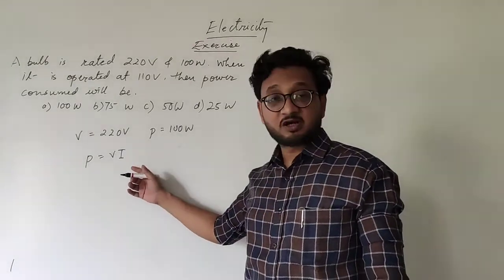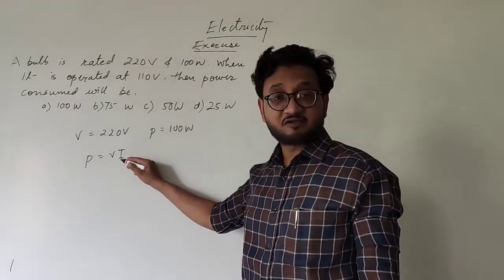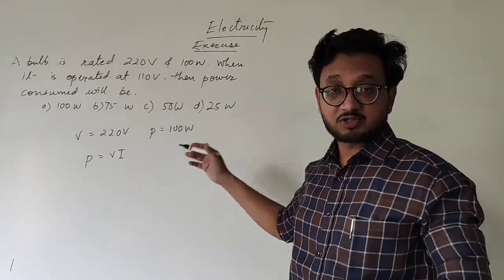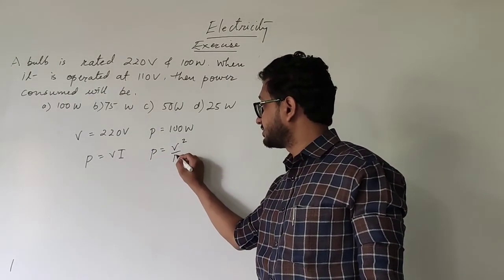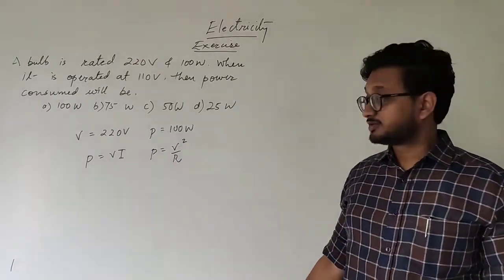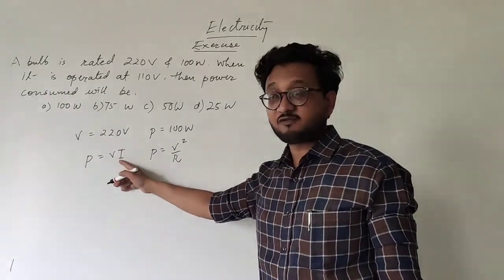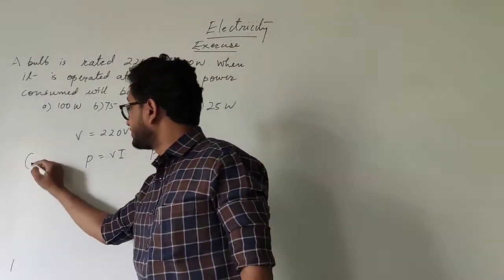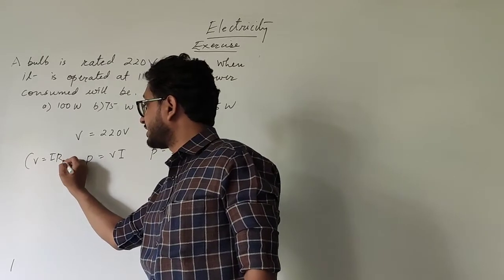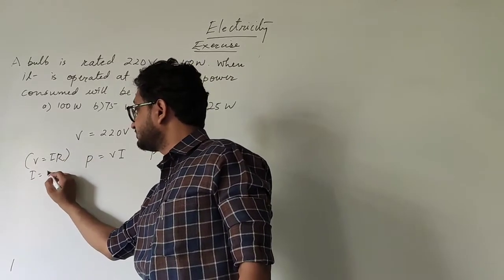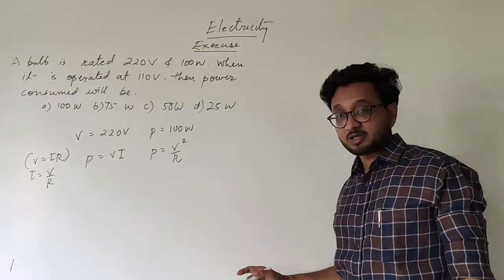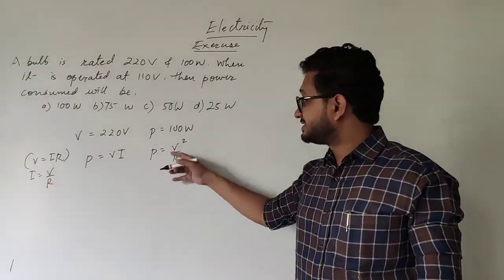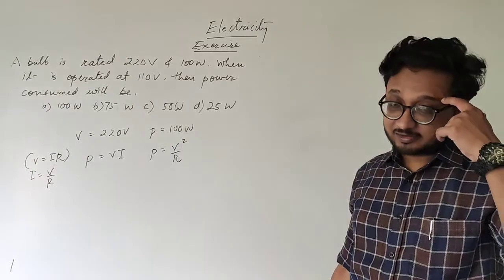The other formula for power, substituting the value of I that we just talked about in the previous question, becomes P is equal to V square by R. That is, substituting the value of I from Ohm's law, V is equal to IR, I get I is equal to V by R. We just talked about this in the previous question.